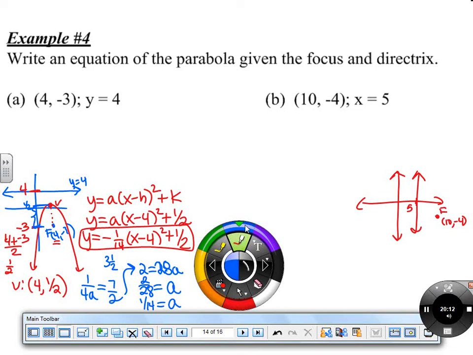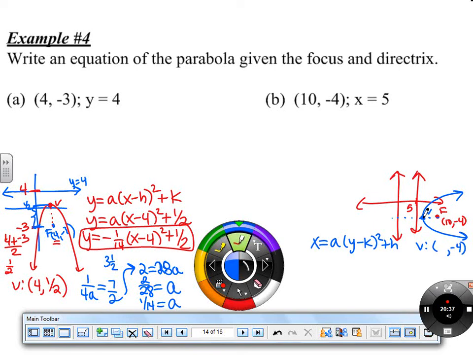So I know that a parabola here is going to be concave to the right, and that the vertex needs to be halfway between the focus and directrix. So I have my starting equation. Again, I know the vertex needs to line up with the focus right here. So the y-coordinate of the vertex is going to be -4.